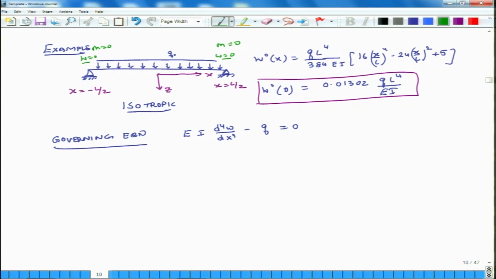Now what are the kinematic boundary conditions? The kinematic boundary condition is W is equal to 0, because it relates to displacement. The moment related boundary condition is not a kinematic boundary condition.